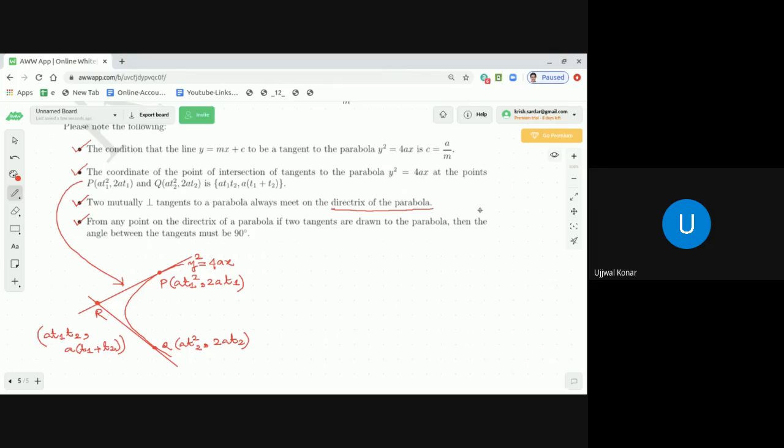So now, dear students, if I club these 2 points and give a visual representation in a different color, let me show you how it looks. Suppose this is the parabola whose equation is y square equal to 4ax, and this is the directrix.